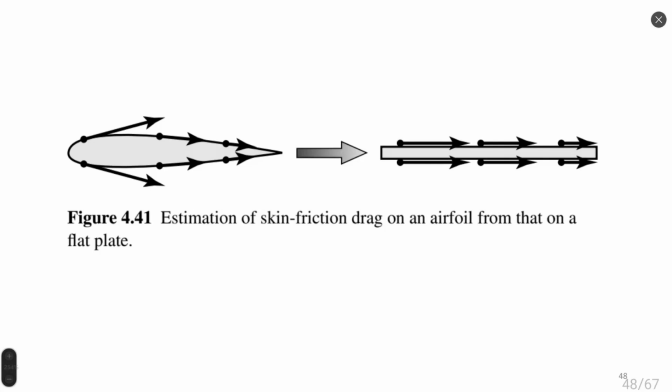Approximation of boundary layer applied to airfoil is the following concept. Since our airfoil usually is thin and airfoil is directed to flow, so inclination of velocity vector is also small, we can assume that this airfoil boundary layer is similar to the boundary layer on a flat plate.